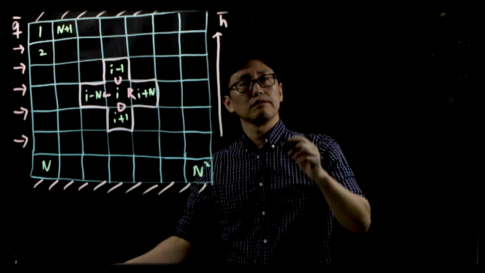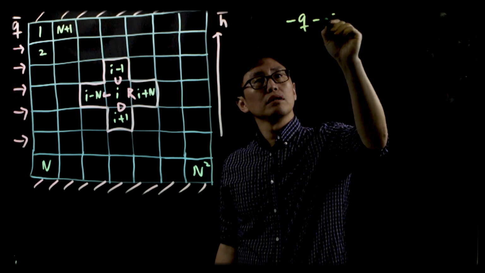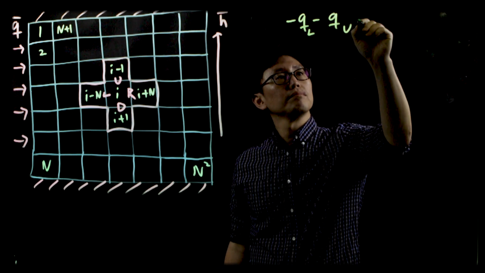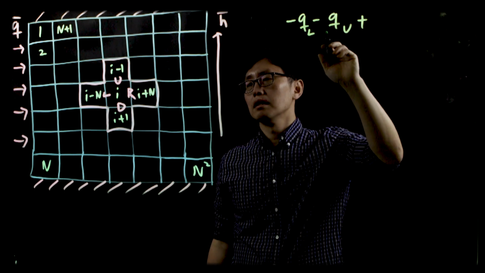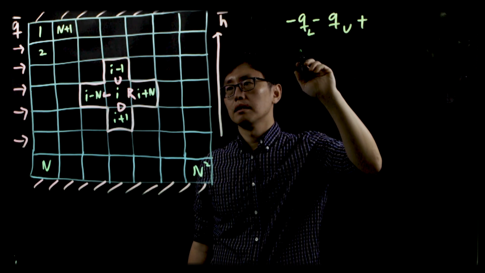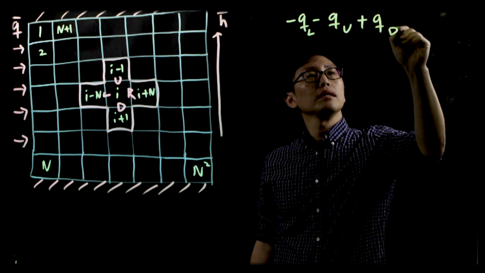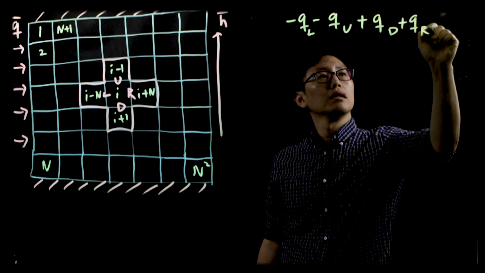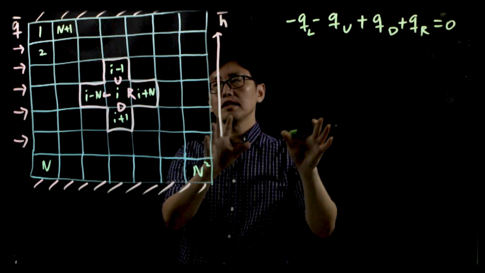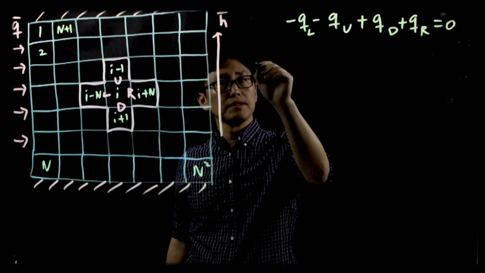The mass balance equation can be written as minus QL minus QU plus QD plus QR is equal to 0. And this relationship should be satisfied for all grid cells. I will start from cell I.